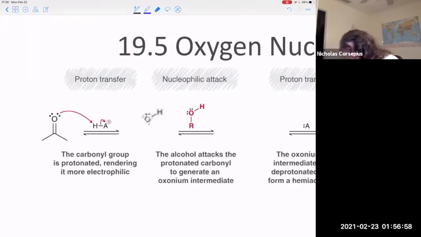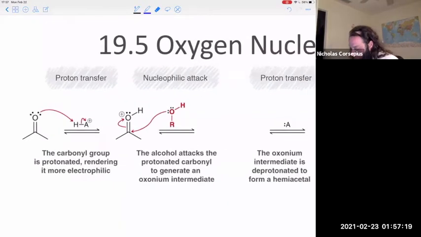So that's how we get our protonated intermediate here. The next step is our weak nucleophile can now attack this really great electrophile, attacking that electrophilic carbonyl carbon, right? So we have the oxygen on our alcohol playing the role of the nucleophile and attacking the electrophilic carbonyl carbon.